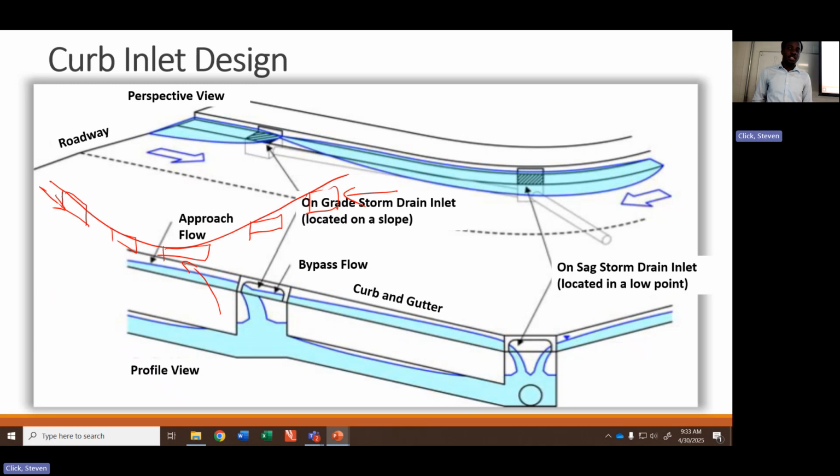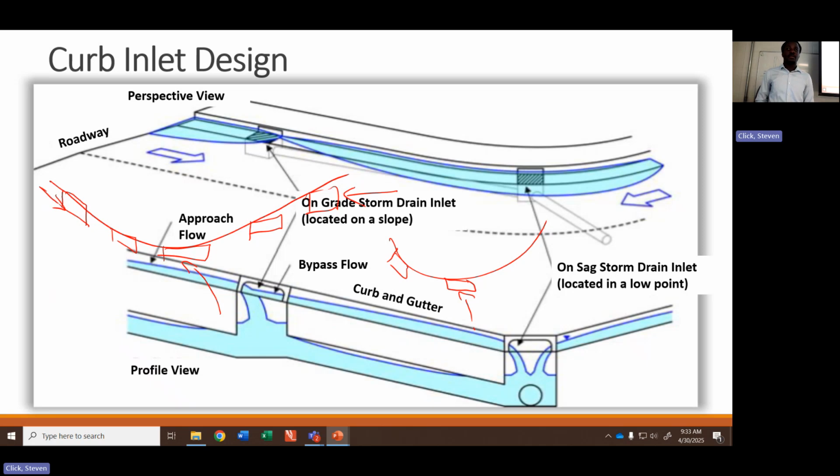Those placed at the bottom of the vertical curves, in the sag curves. You realize that they have a bottom part. So you have the inlets that are placed down here. Their design process is different from the inlets that are placed on grade along the tangents of the vertical curves.